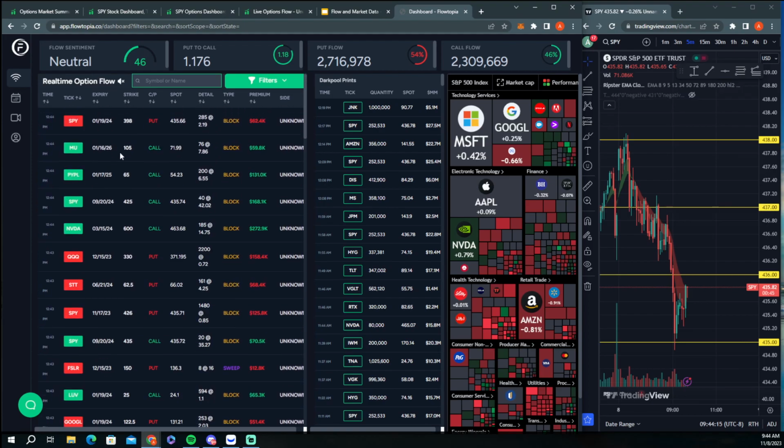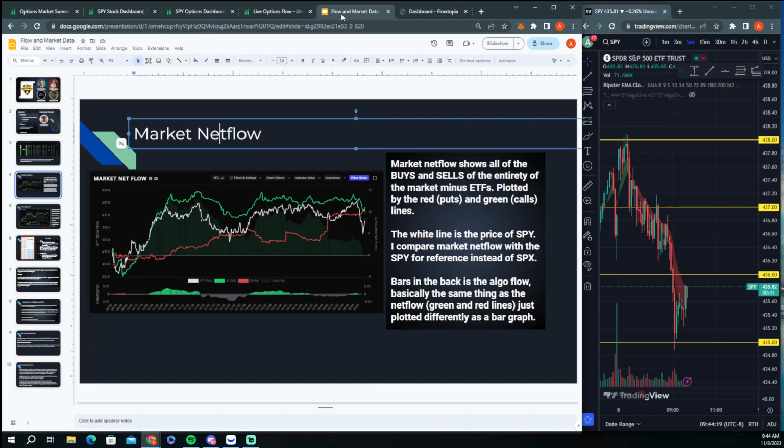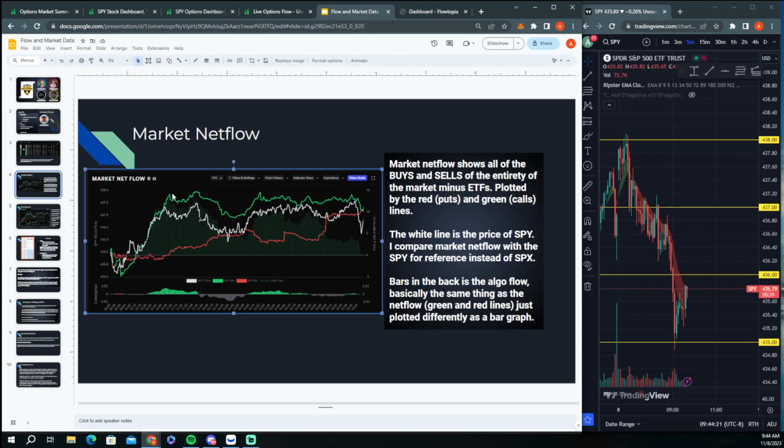You see tons of orders, millions of dollars that come into these every single minute. And what I use is this tool called Market Net Flow. It compiles all of the buys and the sells of calls and puts of the entire market. That's what's cool about this tool and why I solely rely on it, because it's a good synopsis of what's going on in the entire market at a certain period of time.